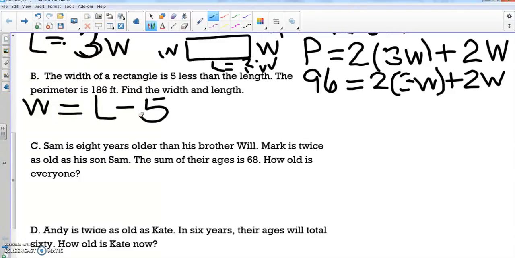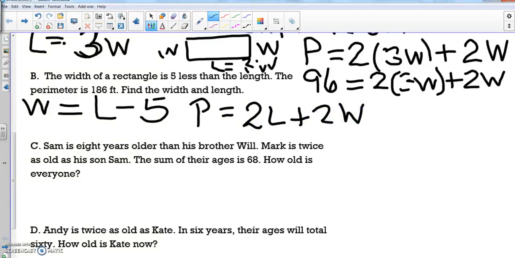Okay, so just like a few minutes ago, you know that perimeter is equal to 2 times the length plus 2 times the width. Well, they're telling us that the perimeter is 186 feet. And that's equal to 2 times the length, which we know the length is just L, plus 2 times the width.